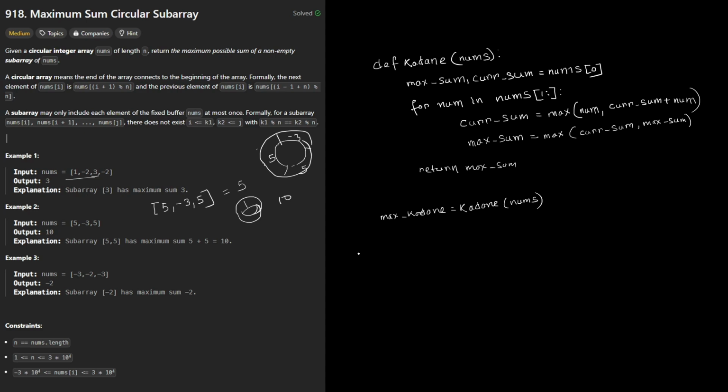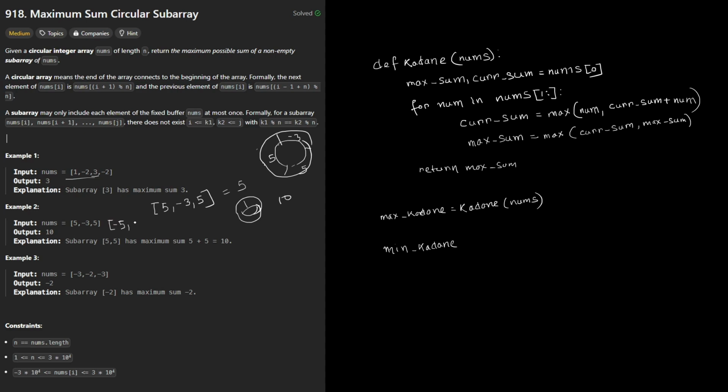We also need to find the maximum subarray using Kadane's, but we also need to find the minimum sum subarray using Kadane's algorithm. So I can say min Kadane. To find the minimum, I know the minimum would be -3 here, but can I just change the equation a bit?